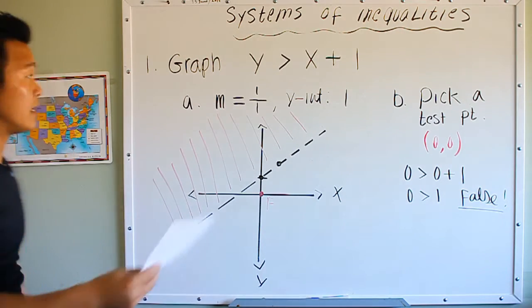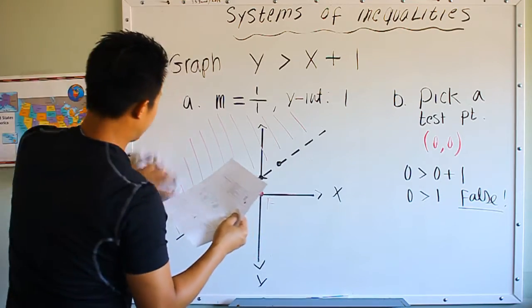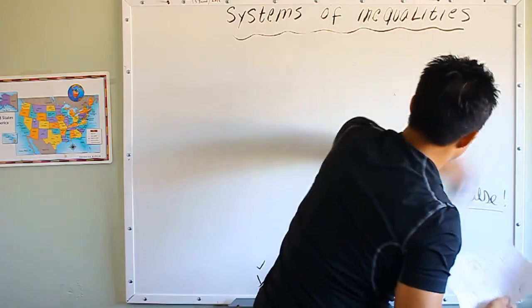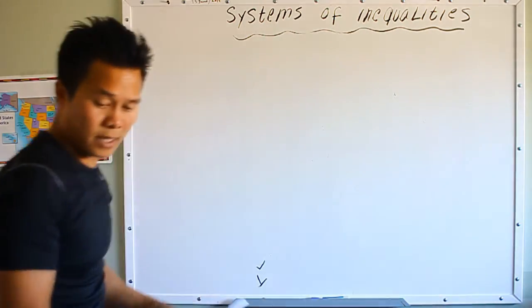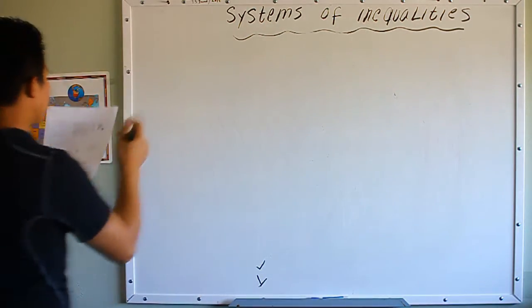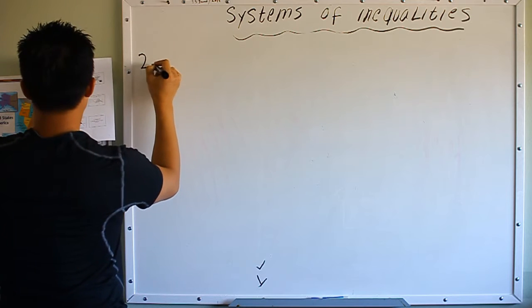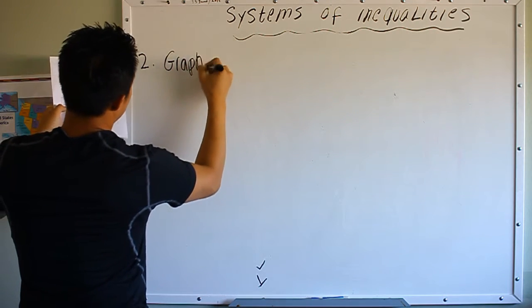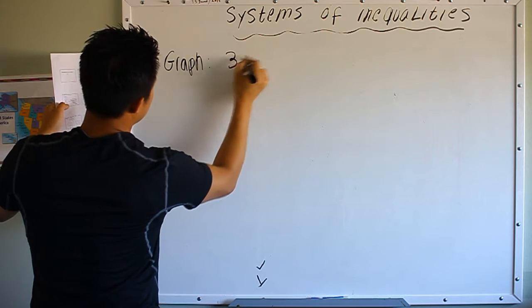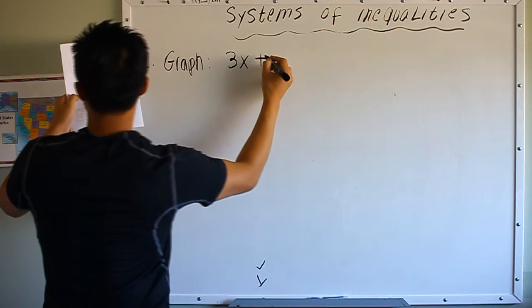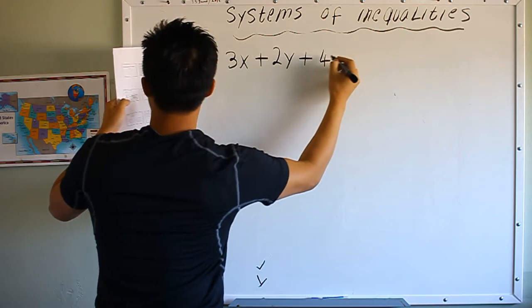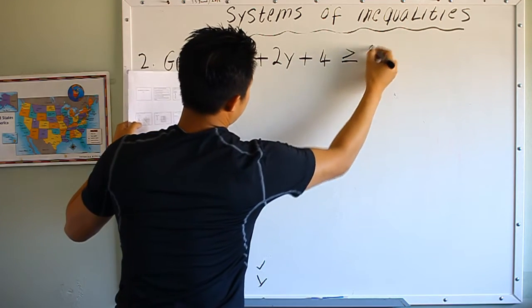Let's take a look at another example of an inequality before we get to systems of inequalities. Okay, second problem. Graph 3x plus 2y plus 4 bigger than or equal to 0.